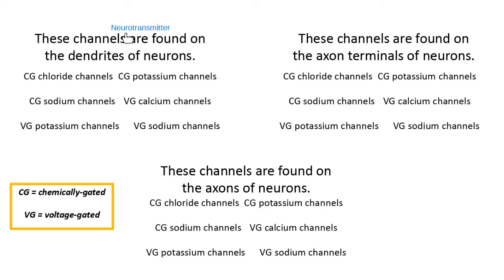So when we look at our list here of all the various types of ion channels that we find on a neuron, all of my ones that are chemically gated, so all of my CGs, are going to be found at the dendrites. So chemically gated chloride channels, chemically gated potassium channels, chemically gated sodium channels. Because this is the part of the neuron that's receiving chemicals, I'm going to put the channels there that open with chemicals.